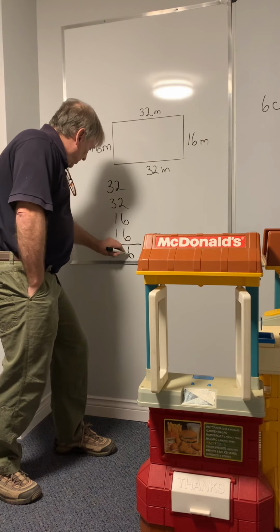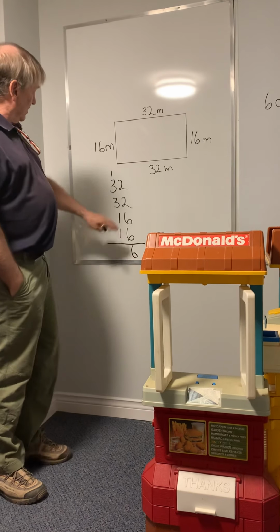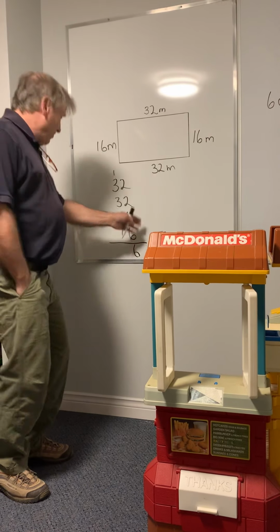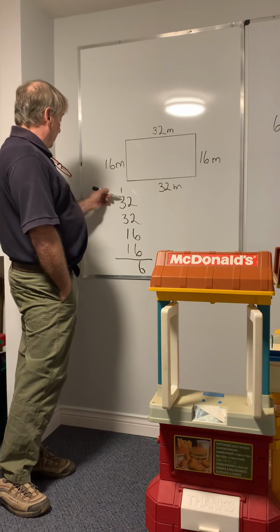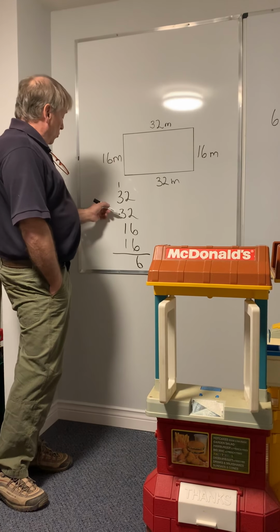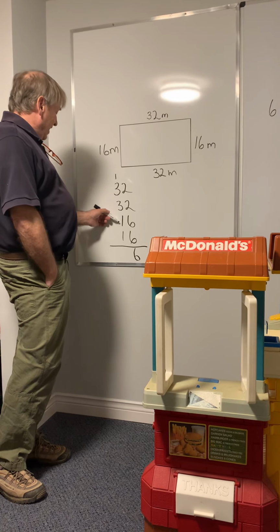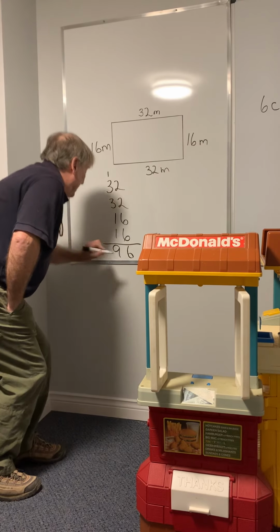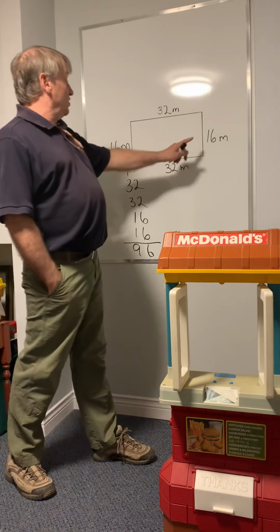I leave my 6 there, I'm going to bring the 1 over because that's a 10, so if I've got more than 10 here, I can't have it, I've got to bring it over to the tens column. So now I've got 3 plus 1 is 4, 4 plus 3 is 7, 7 plus 1 is 8, and 8 plus 1 is 9. So I have 96.